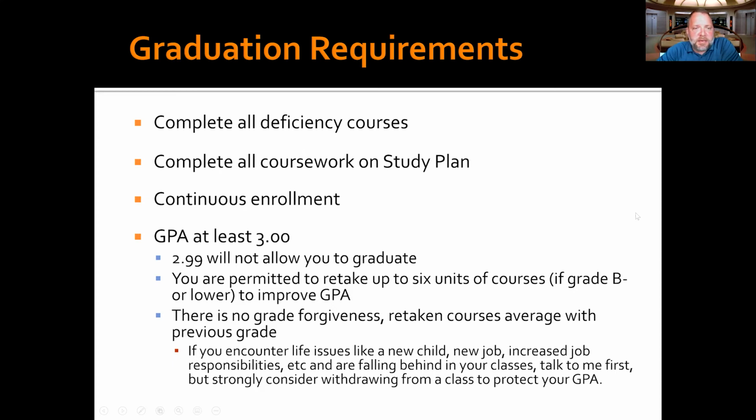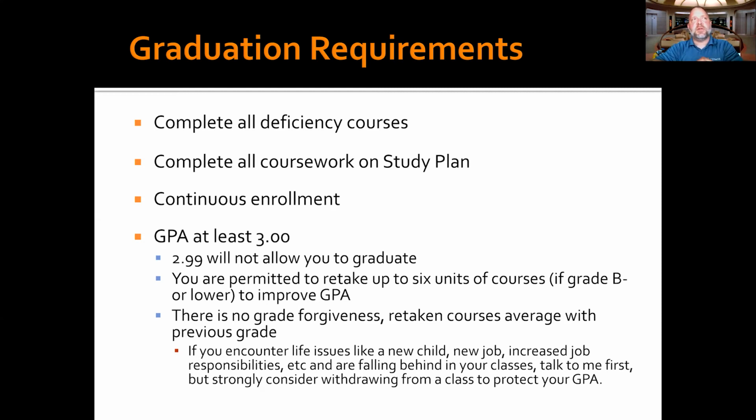Really important that you maintain a GPA of 3.0. And we've had students in the past that have had issues where their GPA was like 2.99 because of the way it rounded, and they were not going to let them graduate. So we had to figure out a creative way to maybe change a B- to a B or something like that. But it's really unfortunate that is the case because if you think about it, a B- and a B+ should cancel out to a 3.0, but they don't always.